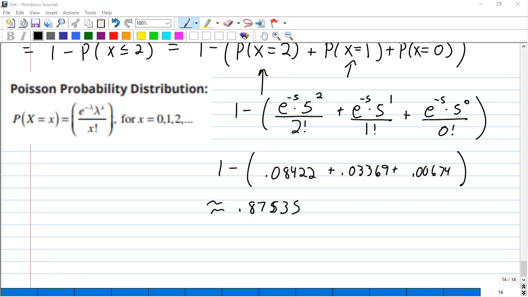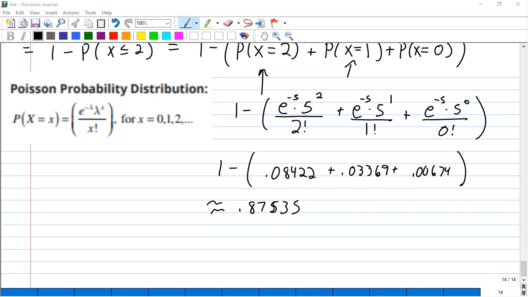That's 3, 4, 5, 6, 7, on and on forever. It's within a 15-minute period or interval, and we know that on average 20 people use this thing every hour. 5 use it every 15 minutes.